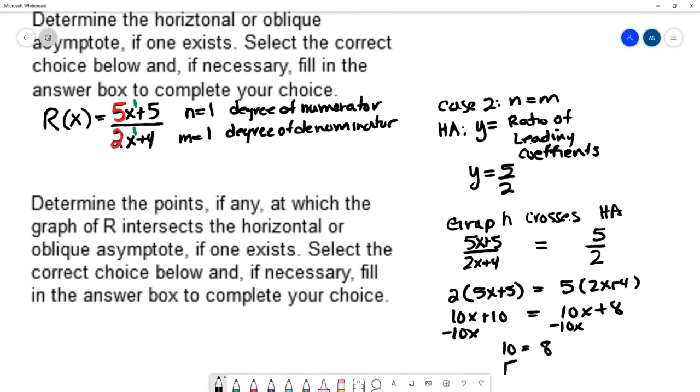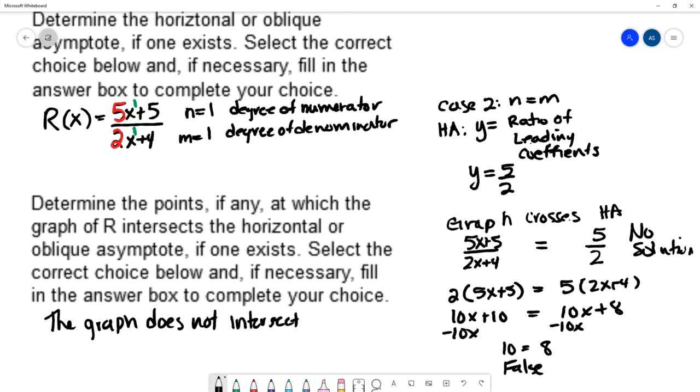This is obviously false, and so that tells me that this is an equation with no solution. So for this particular example, the graph will not cross the horizontal asymptote. It does not cross or intersect the horizontal asymptote.